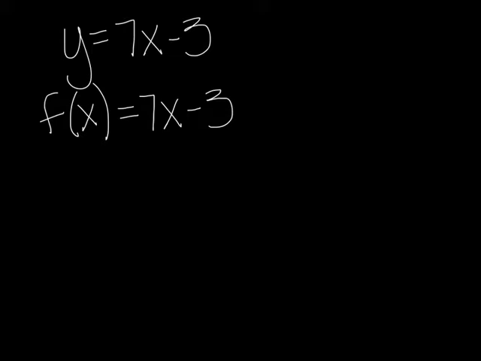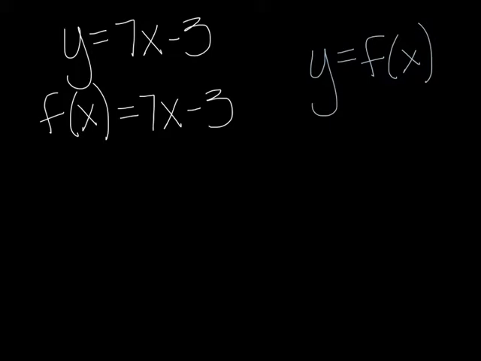Y and f of x are exactly the same thing. They're both talking about the output, or what happens when you choose a value for x and plug it into that function machine or plug it in for the variable.